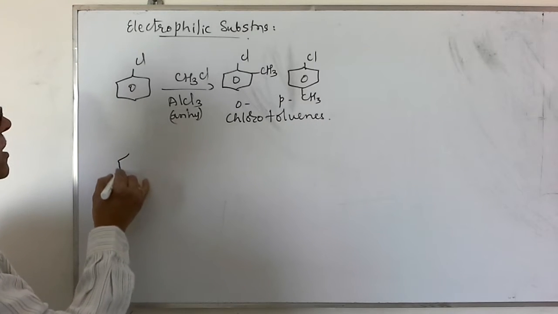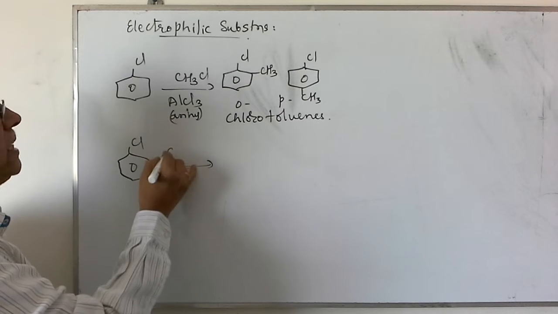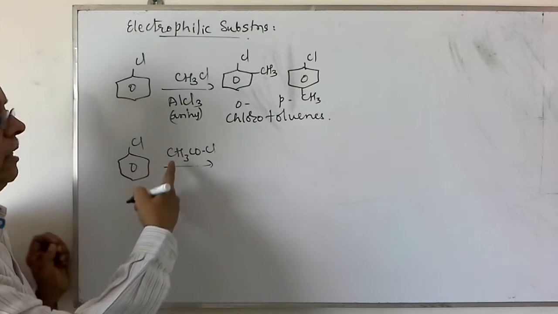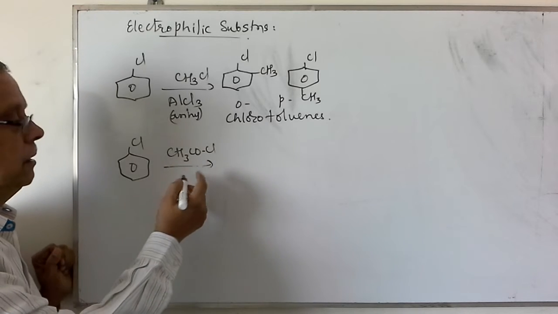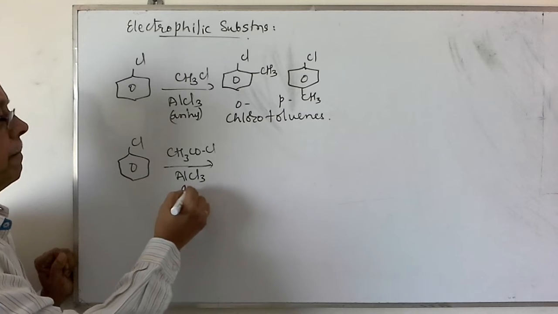The next reaction is, in a similar way, we can also treat this with an acid chloride like acyl chloride, again in presence of anhydrous aluminium chloride.